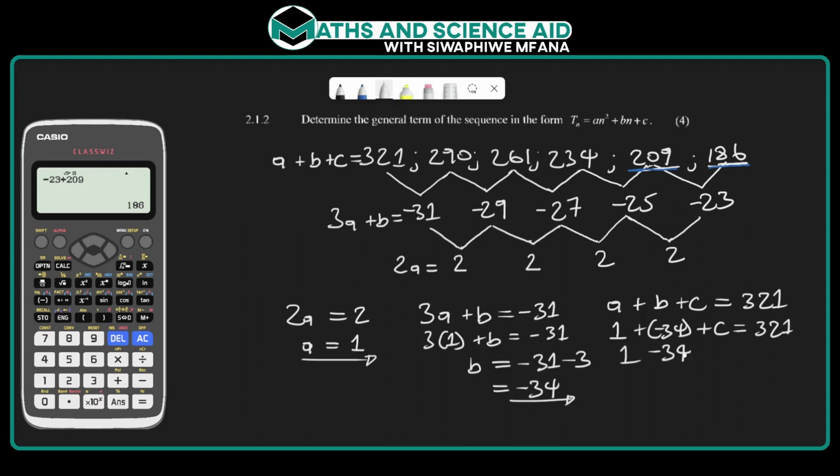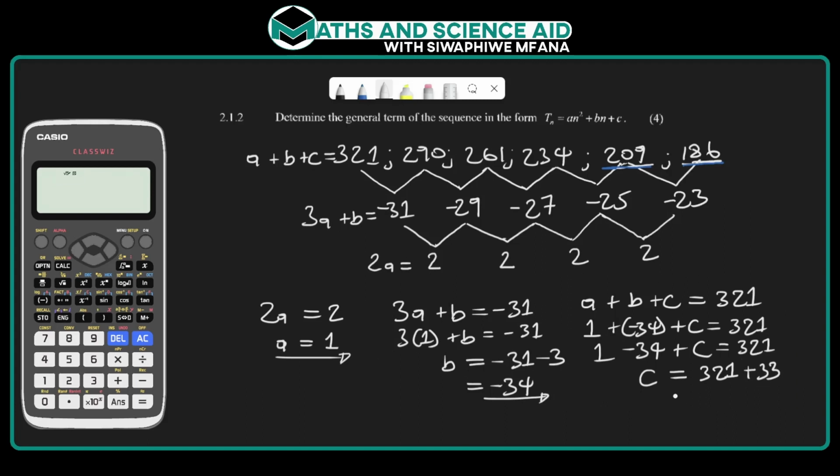So we have negative 34 plus c equals 321. And thereafter, we can combine 1 minus 34 and we will get minus 33. We can then add 33 on both sides of the equation, so that we'll be left with c on this side, and then we'll have 321 plus 33. Therefore, c is going to be equal to 354.